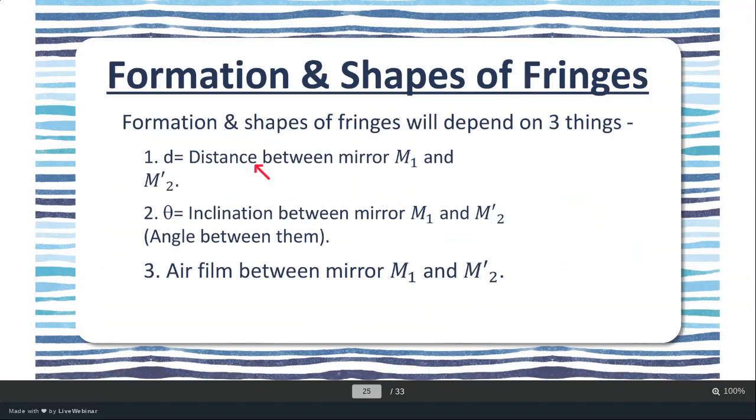Okay, formation and shape of fringes. The formation and shape of fringes will depend mostly on these things. We have here D, the distance between the mirror M1 and M2 dash.